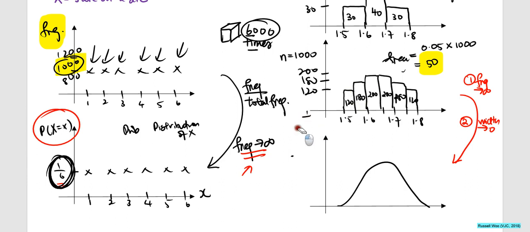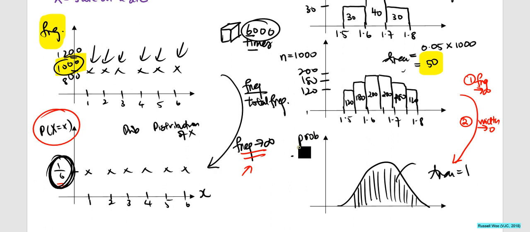So I'm going to do three things here. From here to here, I sample enough such that total frequency tends to infinity. I cut it finely into small widths. And I scale my total frequency such that the area equals 1.